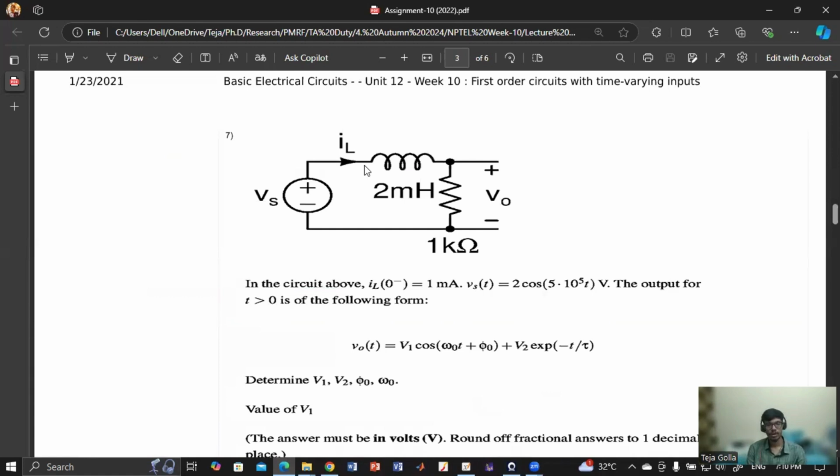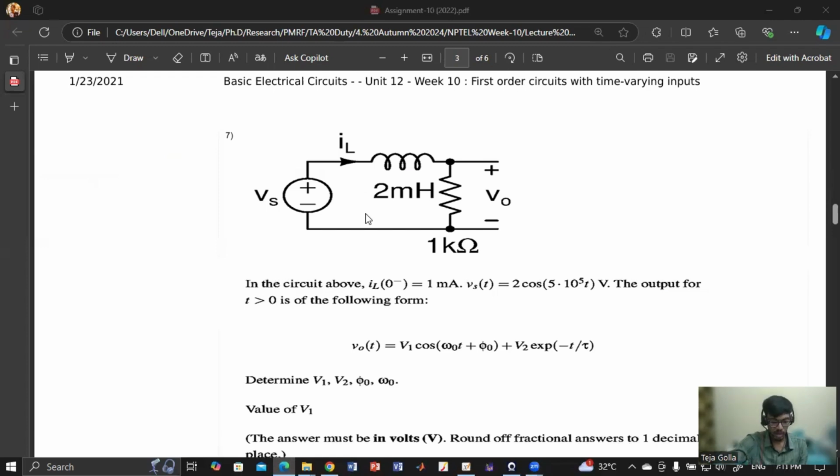Is it clear? Whatever we have discussed till now, we have discussed two different problems. Even though the circuit remains the same, they are two different types. One we have normal exponential, and the other we have the exponential which is a scaled version of the natural response. Yes, no doubt, sir.